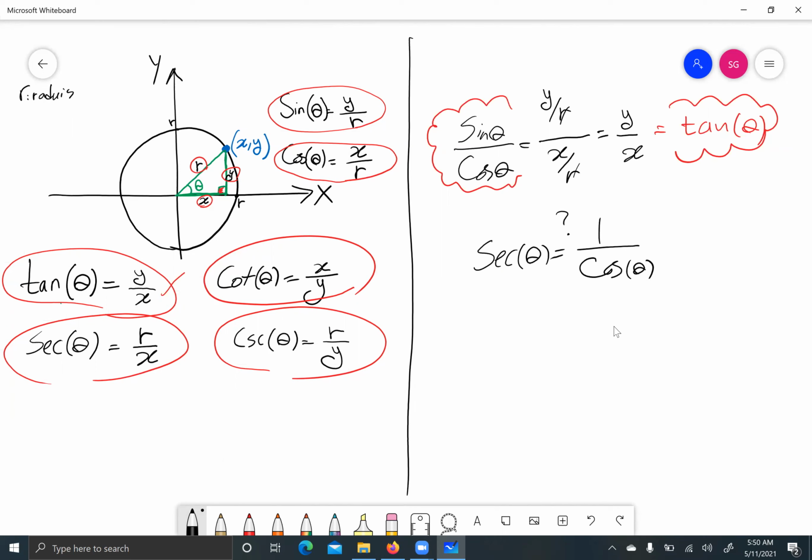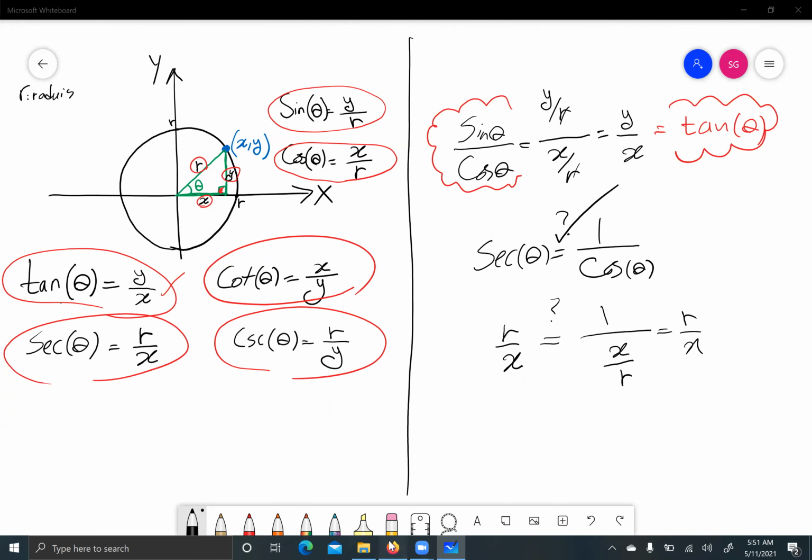What is secant? Secant is r over x, right? And what is cosine? Cosine is x over r. Yes, that's right, because if you flip this, it's going to be r over x. So yes, this is correct. You see that? So secant is 1 over cosine.